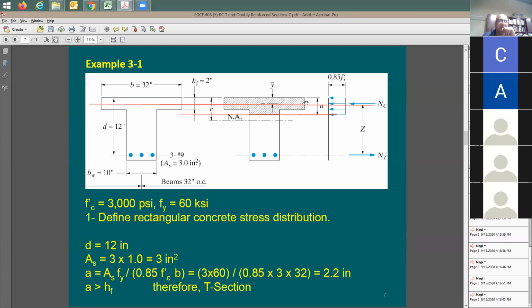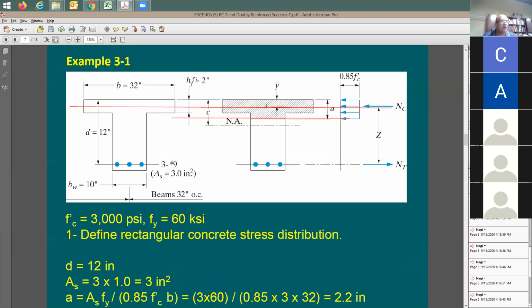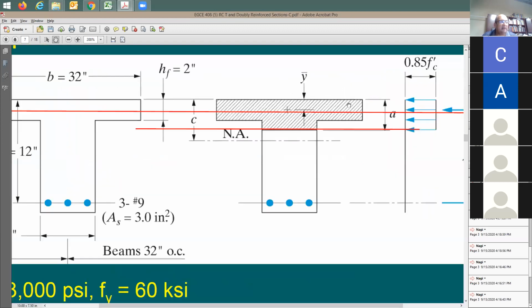So let's assume for a second that I did my analysis and A was equal to 1.5 inch, less than 2 inches. In this case, I'm going to be looking at the section exposed to compression. It's going to be this rectangular section. We'll come to the analysis. I'm going to be calling it a rectangular section, not a T section.